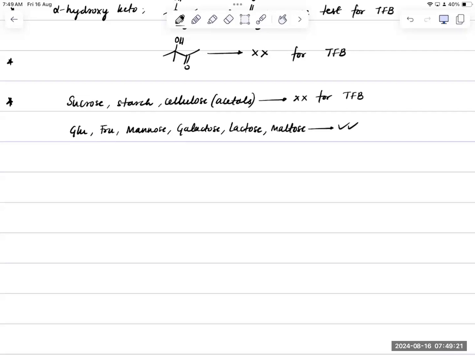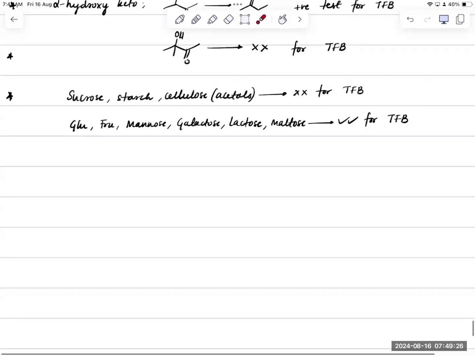These all will give positive test for TFB, Tollens, Fehlings, Benedict. All of these carbohydrates will give positive test. Got it? So in all of these cases, whether it is maltose and all of this, it will give positive test.